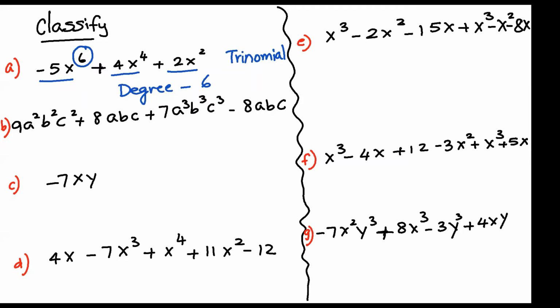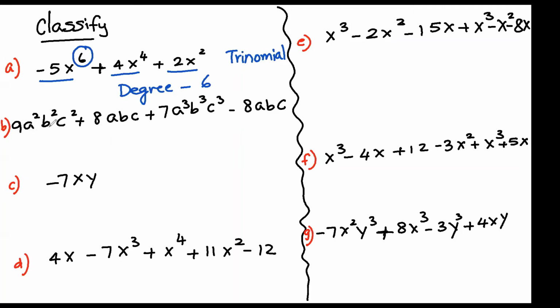Okay, let's look at the next one. This one is interesting, right? Because there is more than one variable in this expression. You notice that there are in fact 3 variables. You have a, b, c. There are 3 variables in this expression. And how many terms are in this expression?